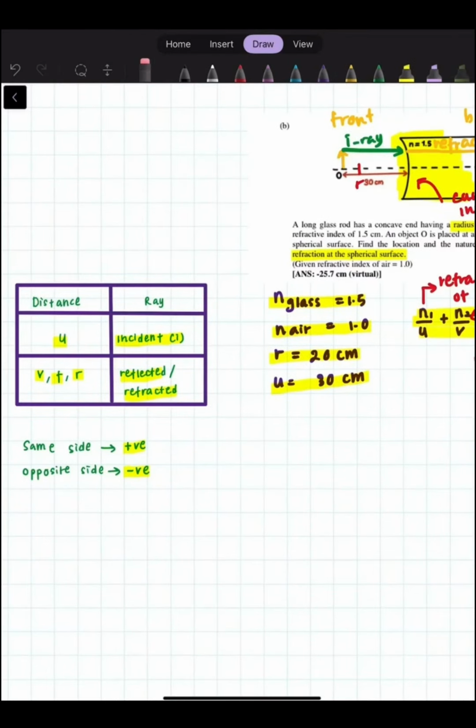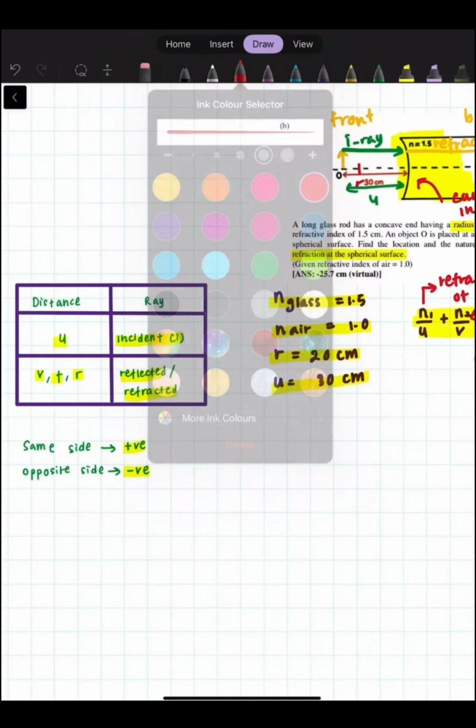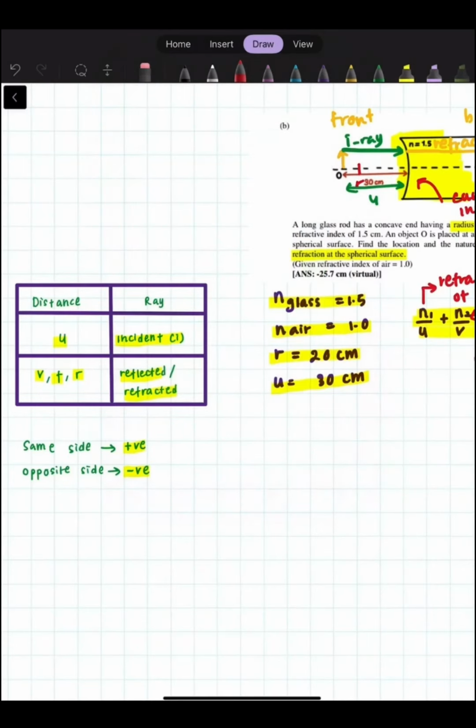The u is over here, which is the object distance. As you can see, u is in front of the spherical surface and it is on the same side as the incident ray, so our sign for u is going to be positive.